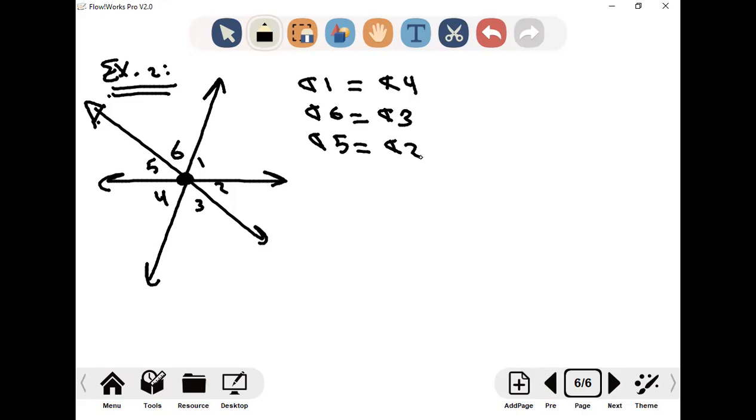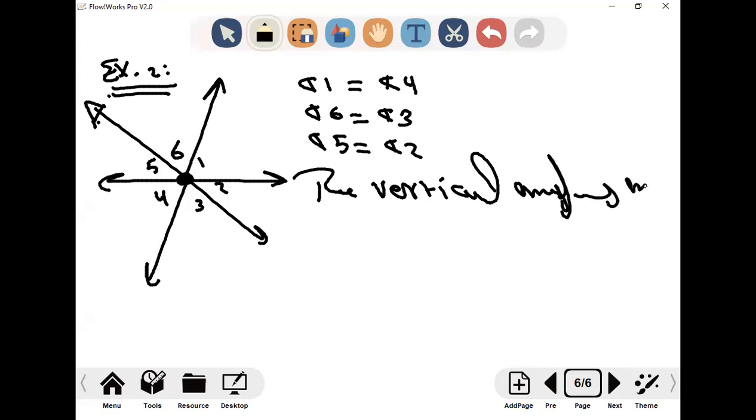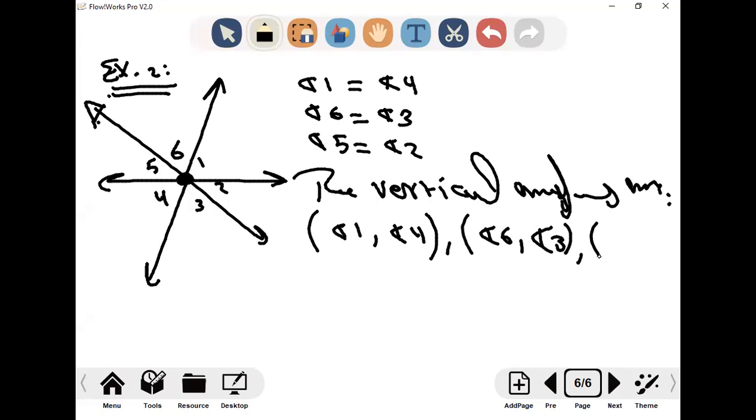You can say the vertical angles are: angle 1 with angle 4, angle 6 with angle 3, angle 5 with angle 2.